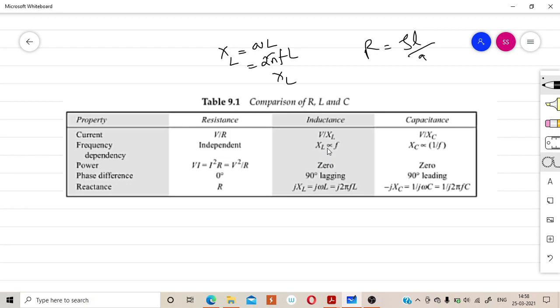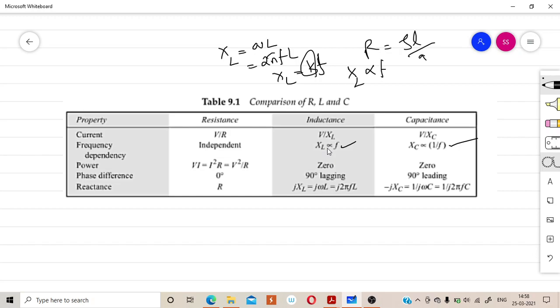So XL is equal to a constant K into F, where K is the proportionality constant, so XL is proportional to F. Similarly, XC is proportional to 1 by F, so an inverse relation is there.